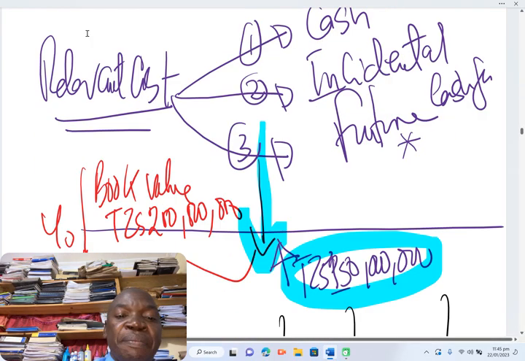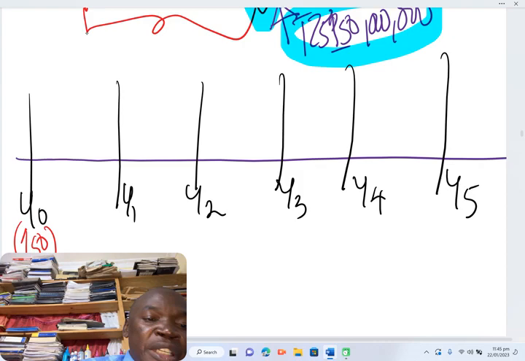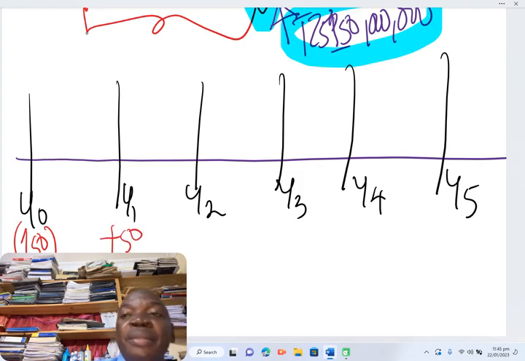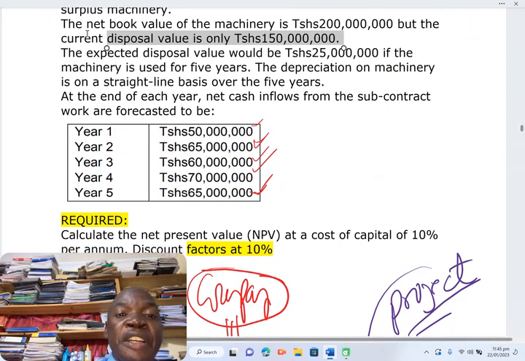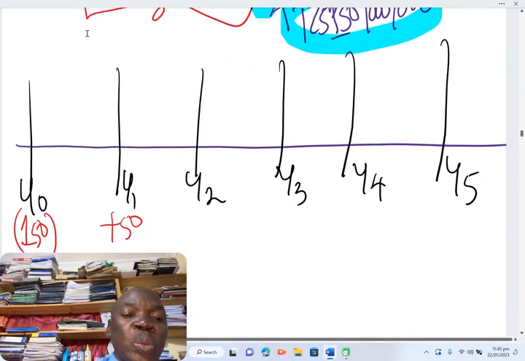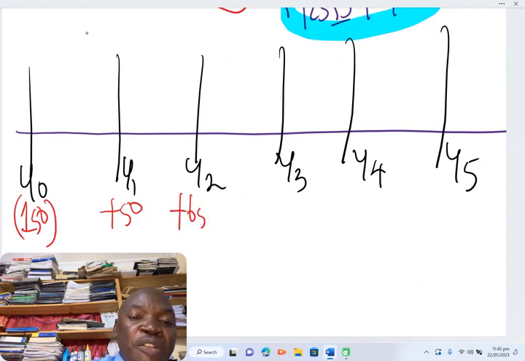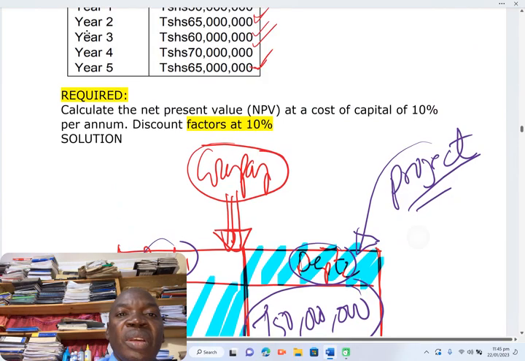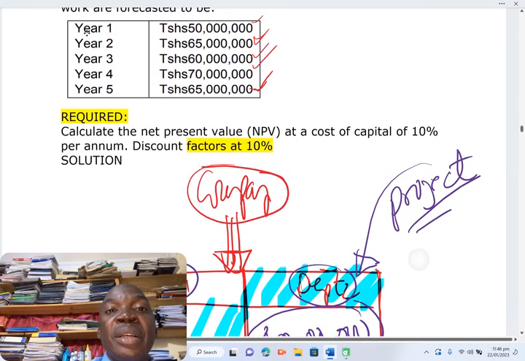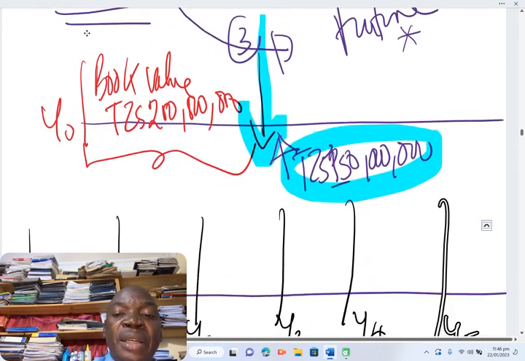So you put 50 inflow in year 1. Again, it is positive 65 in year 2. Again, it is positive 60 in year 3. Again, it is positive 70 in year 4.